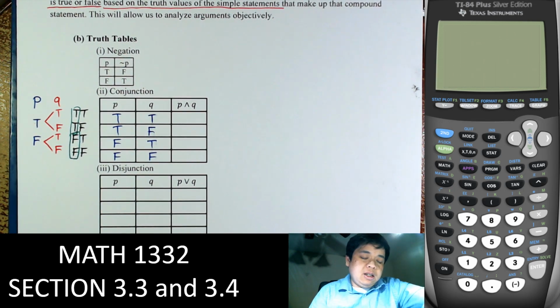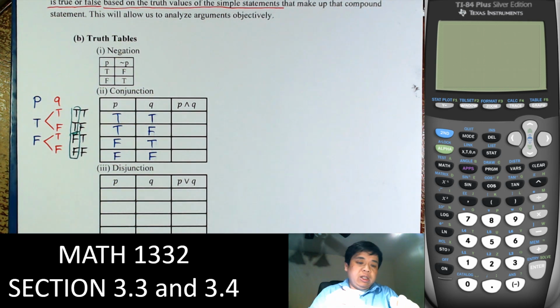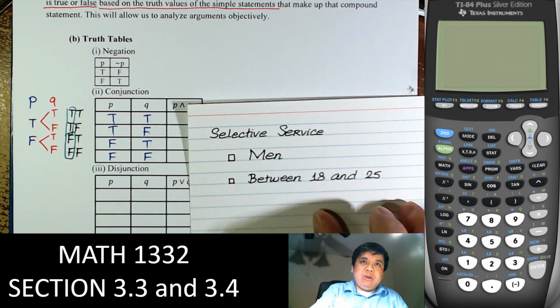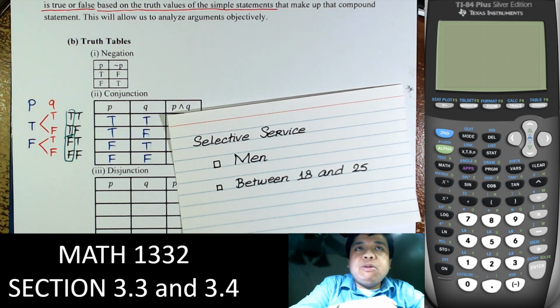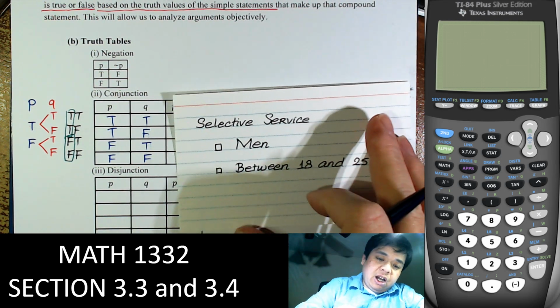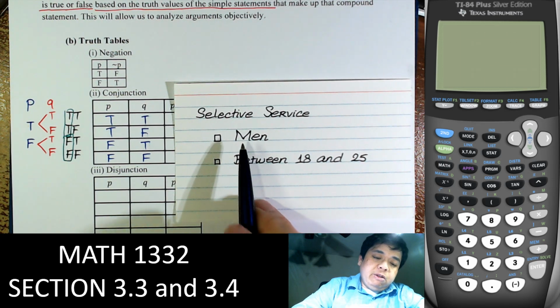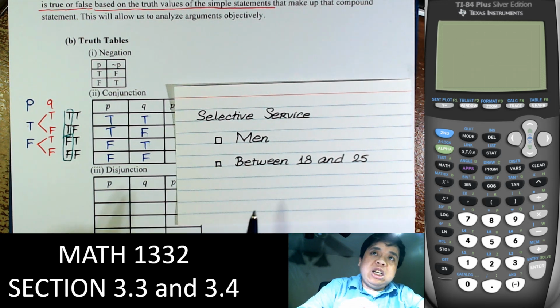Right, next, I just want to see the logic of one example. In order to be registered for the selective service, you have to be male and between 18 and 25.